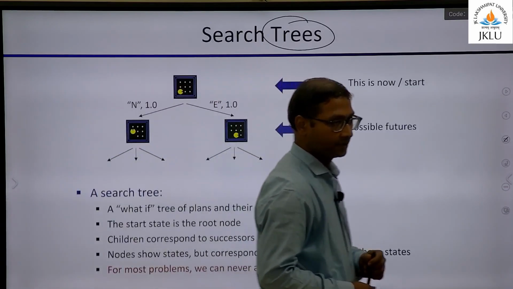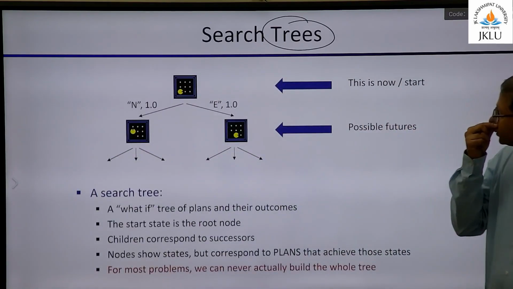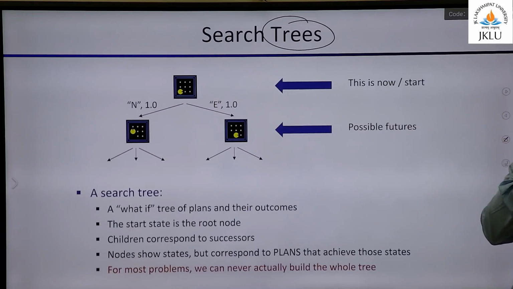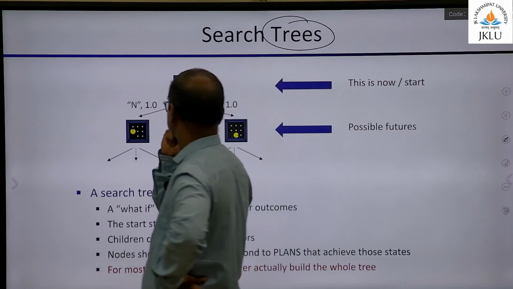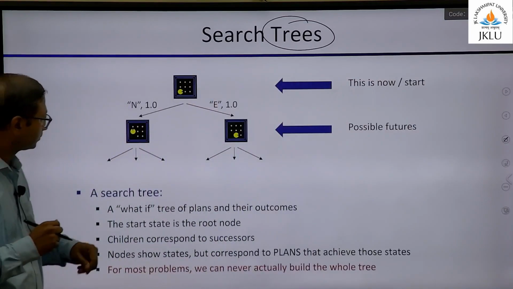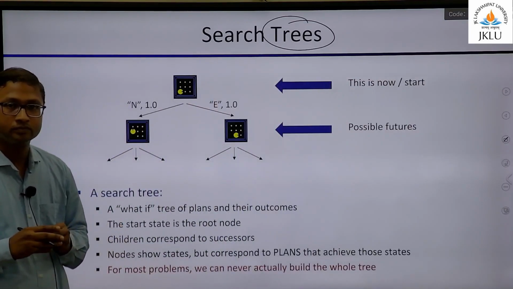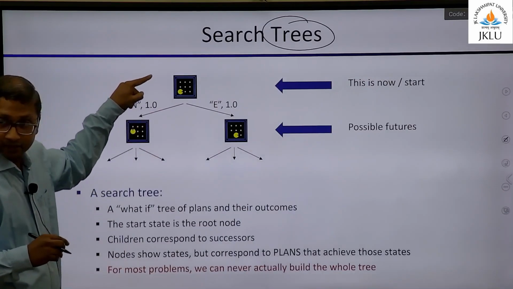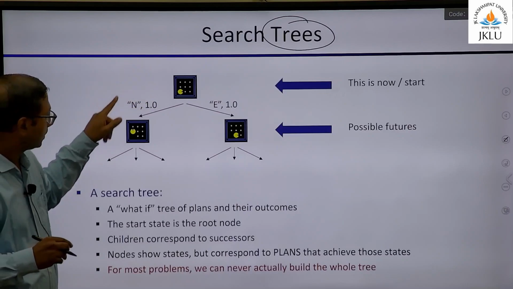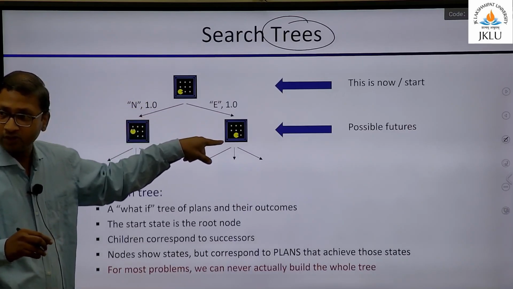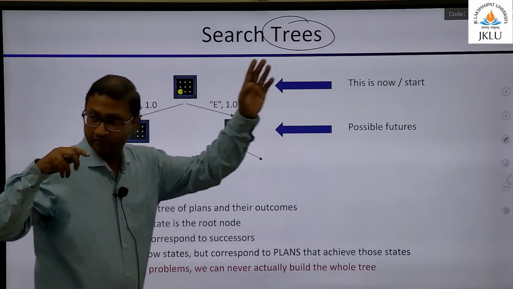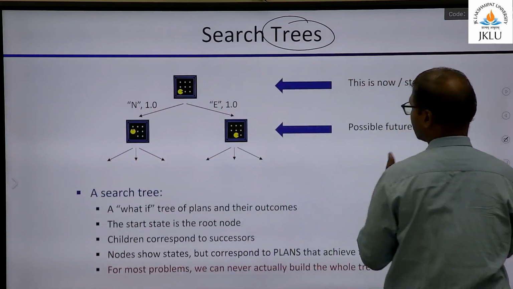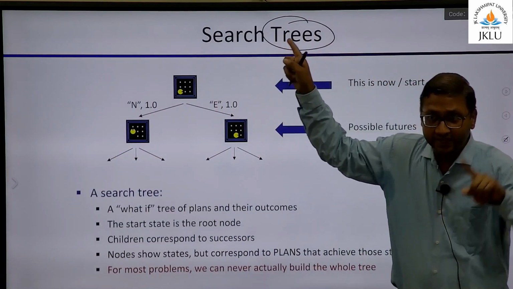So what are we doing here? This is my start state. We have seen this before. The graph we saw earlier had this same thing. What will be the difference between this tree and that graph?